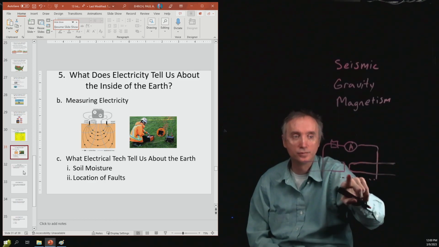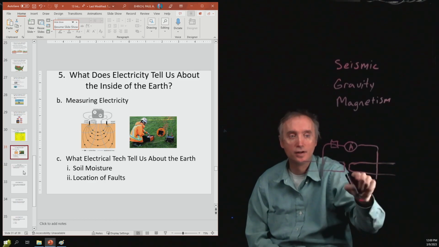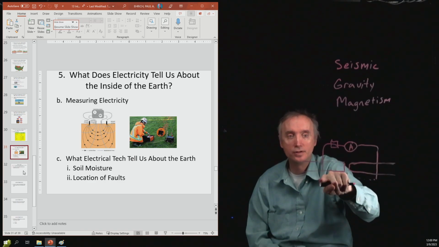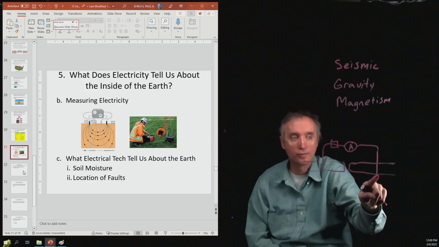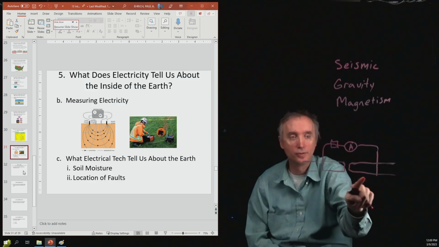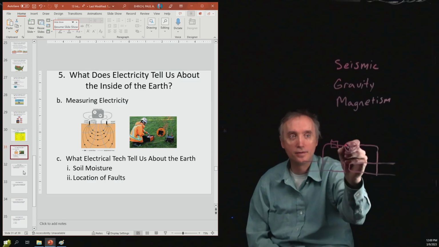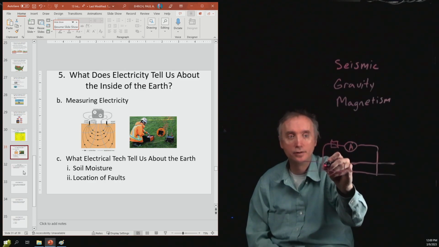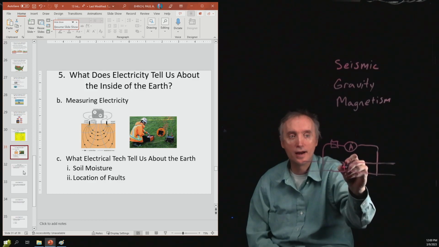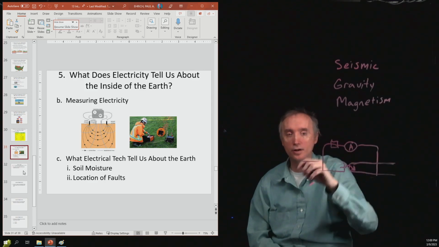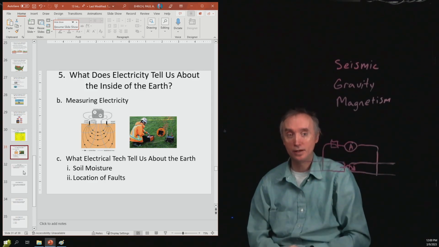It's going to be hard for that electricity, so let's say that we pounded our rod into that rock, which again would be very difficult, but let's just say for the sake of argument that we did. And the electricity comes out of the battery, but when it gets to the crack, it can't jump over to here. So what's going to be the reading on your ammeter?